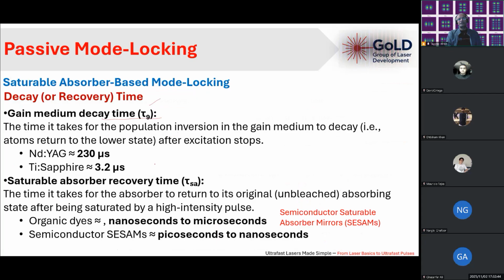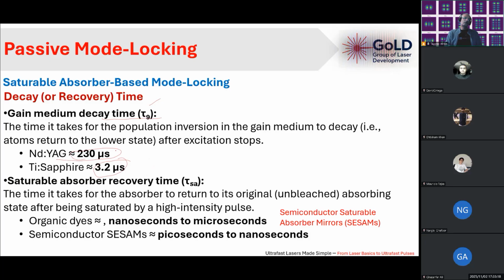In the case of Nd:YAG, this time is around 230 microseconds. In the case of Ti:sapphire, this is around 3.2 microseconds. So Nd:YAG has a longer decay time, and Ti:sapphire has a very short one.